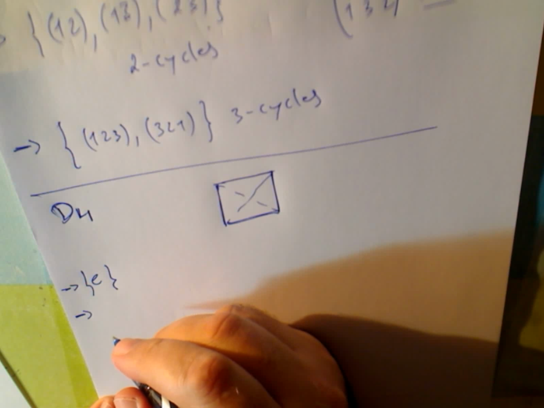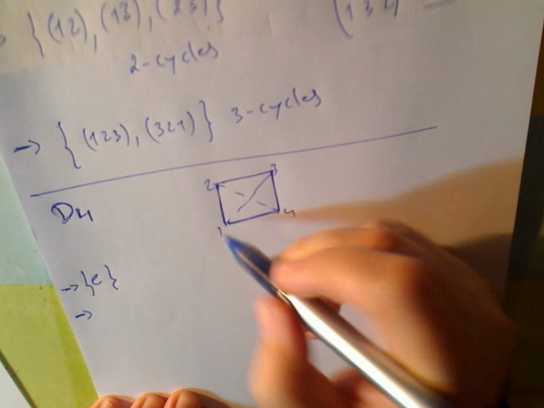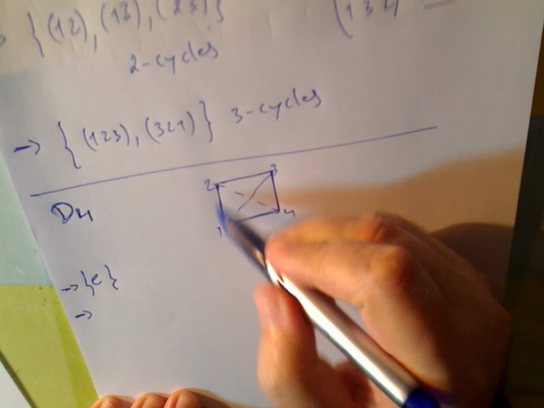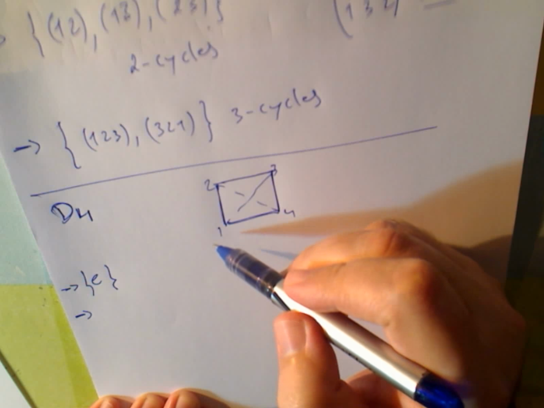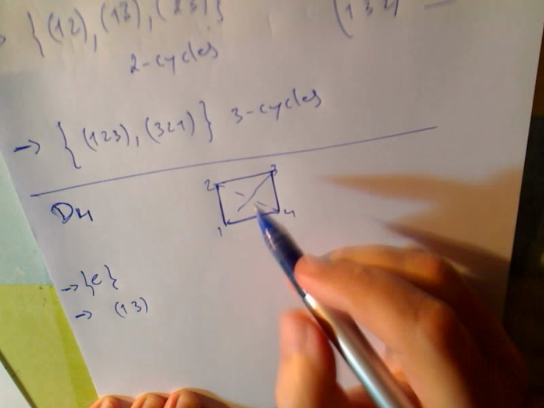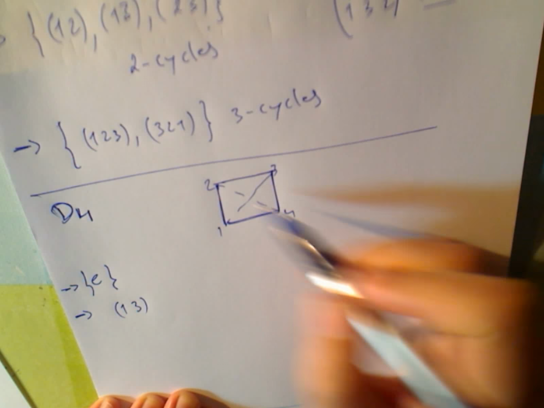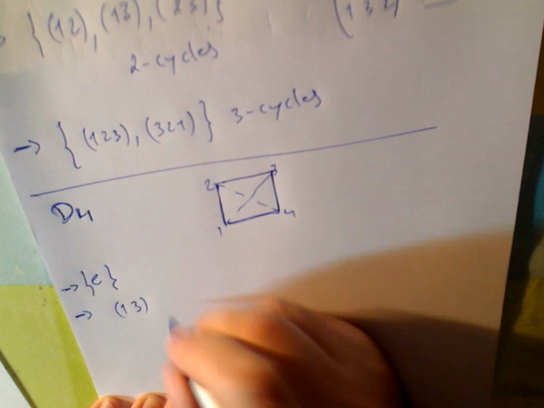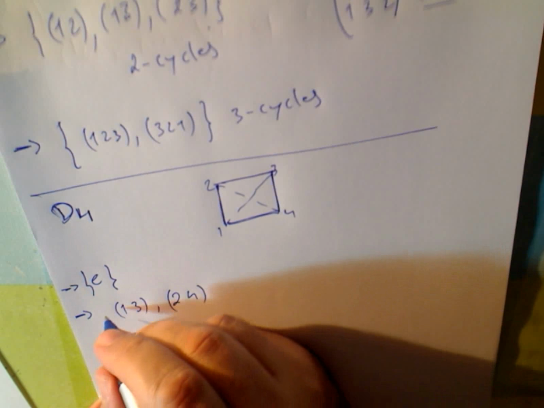The other one will be, if we rotate 1, 2, 3, 4 by 180 degrees, 1 goes to 3 and 3 goes to 1, so 1 3, 3 1. And the other 180-degree rotation is 2 goes to 4 and 4 goes to 2, so 2 4, in cyclic notation.